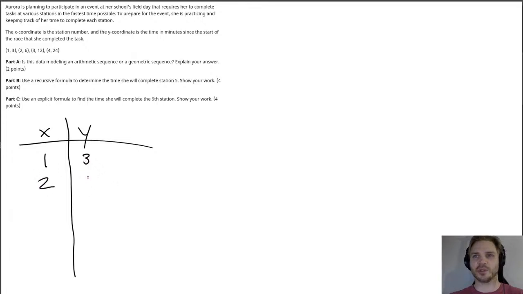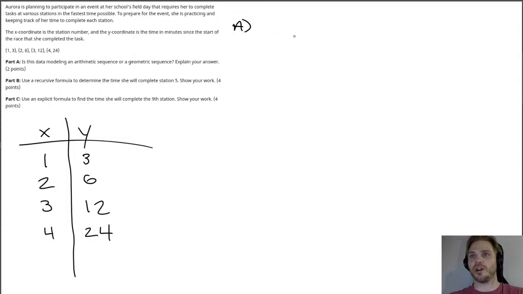They actually want it the other way around. And probably half the reason why this is confusing you is because of that. Nevertheless, we still need that in order for this to be either arithmetic or geometric. So we're just going to go with it. Alright, so is this data modeling an arithmetic sequence or a geometric sequence? So this is part A.